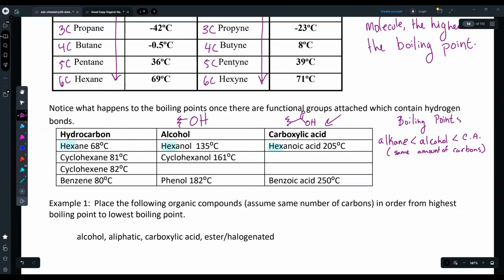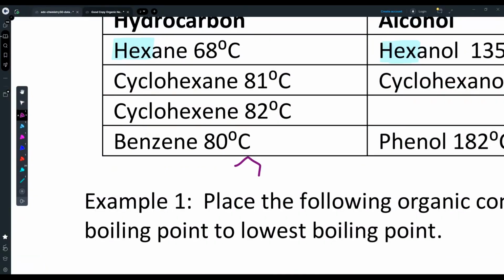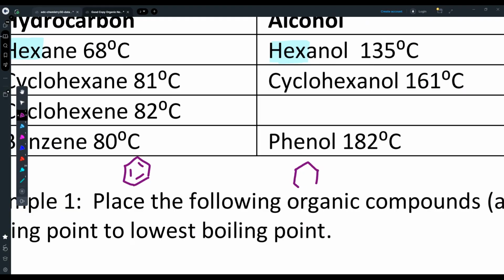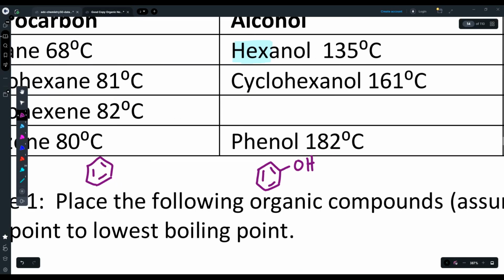Again, if we compare cyclohexane to cyclohexanol, the alcohol has the higher of the two boiling points. Compare cyclohexene to cyclohexanol, again, the alcohol has the higher boiling point. Comparing benzene with phenol with benzoic acid: benzene is just a 6-membered ring with alternating double bonds, whereas phenol is that same benzene ring but with an OH attached to it.